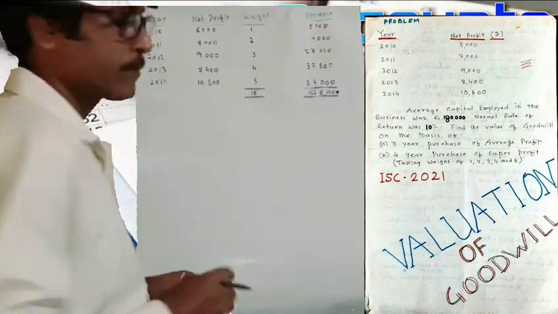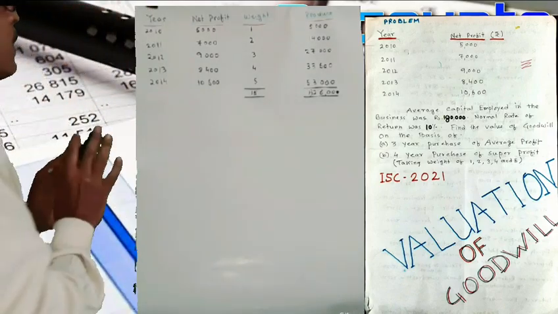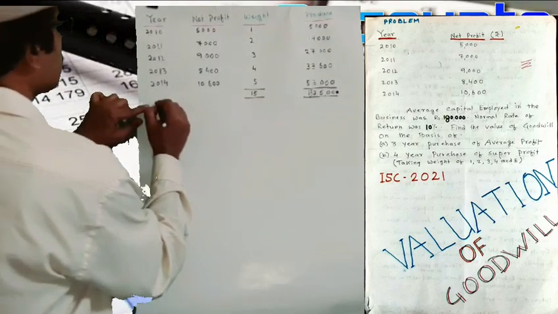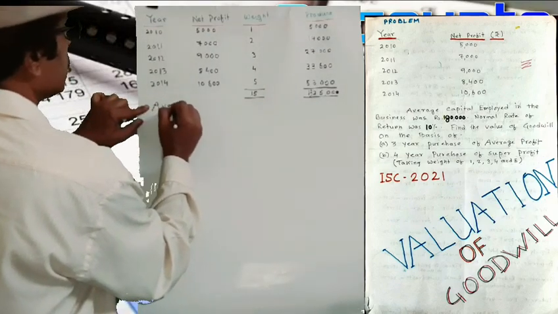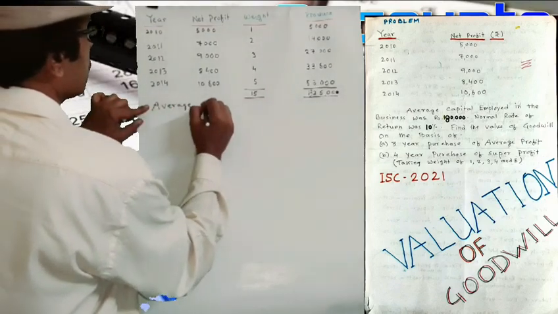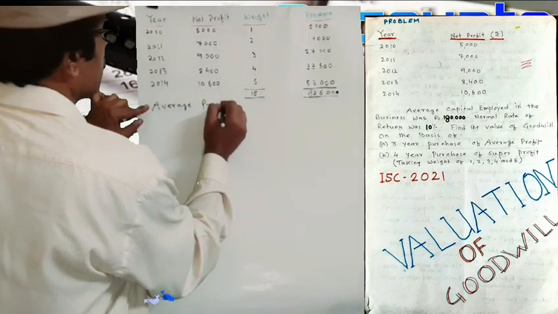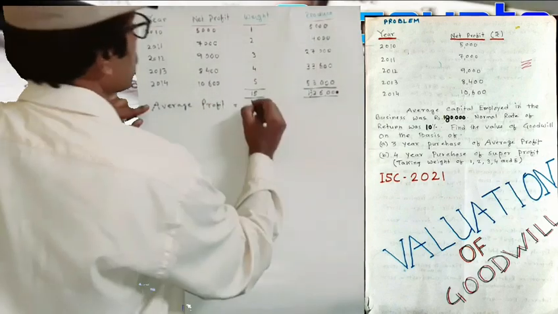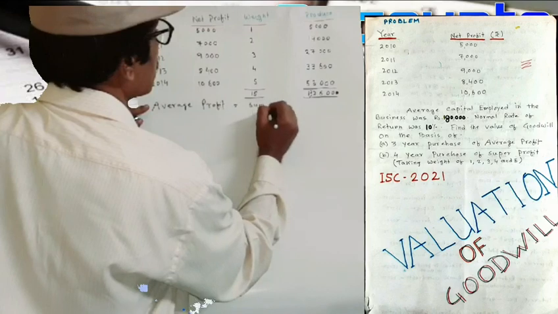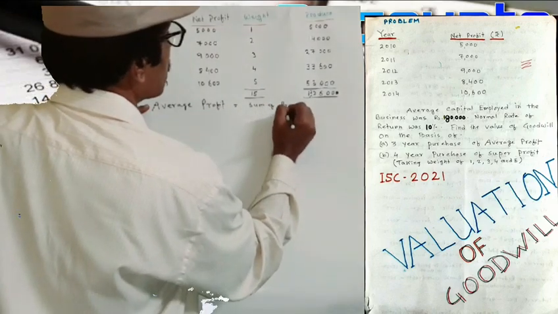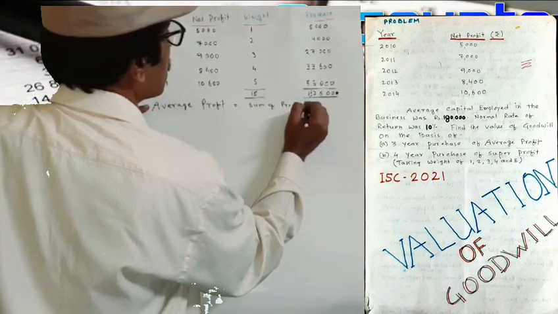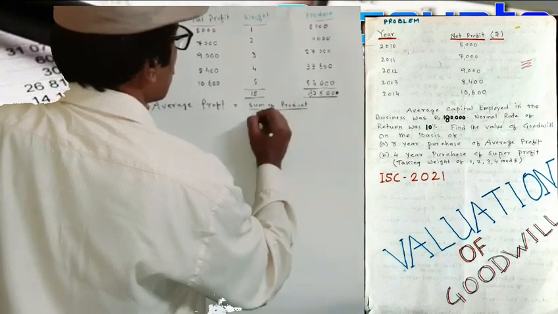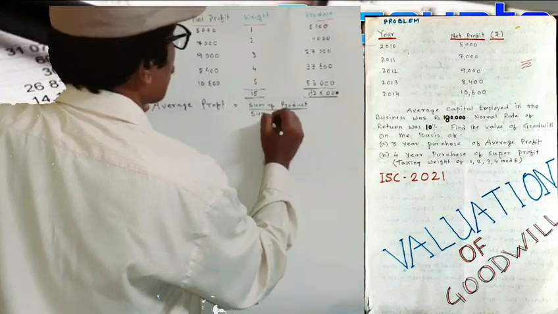Clear? Next you find the average profit. Average profit equals sum of product by sum of weight.